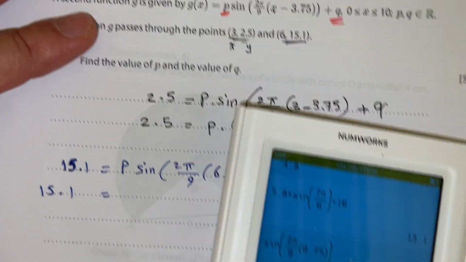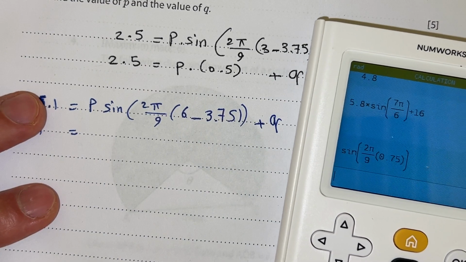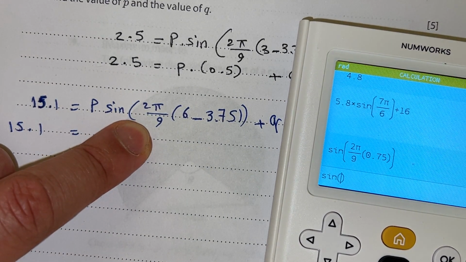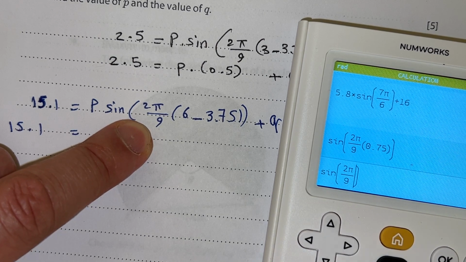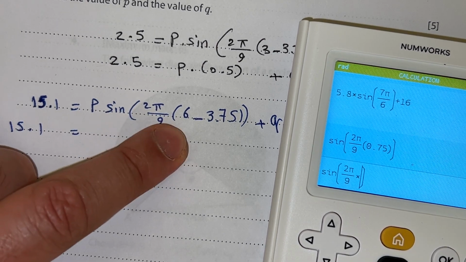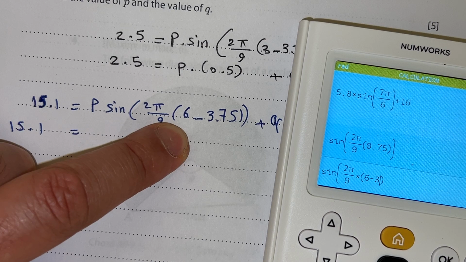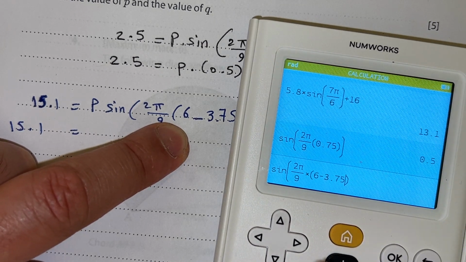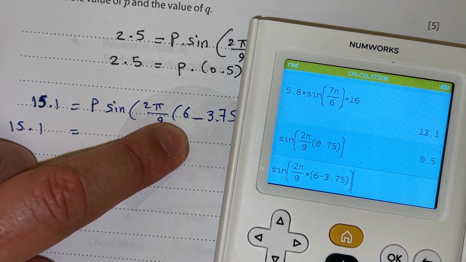Sine of 2 pi over 9 times 6 minus 3.75. Close this parenthesis, and let me close the other parenthesis for sine.